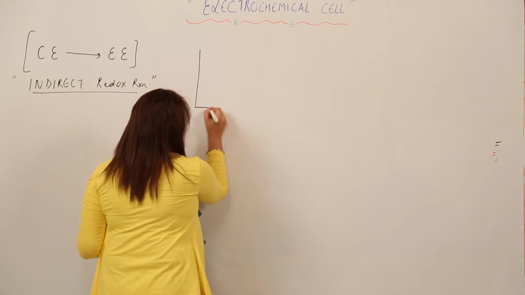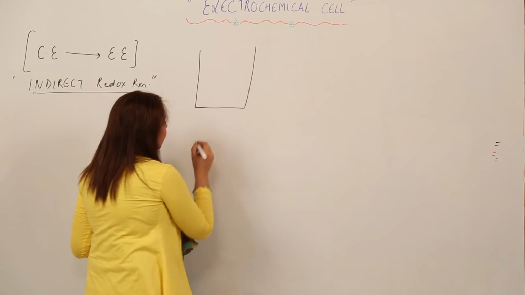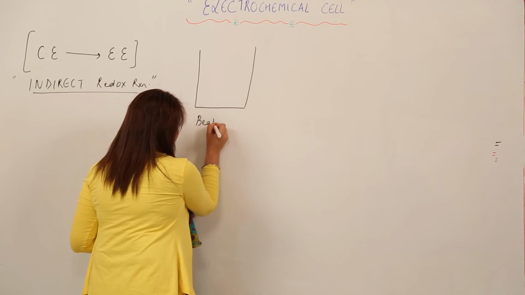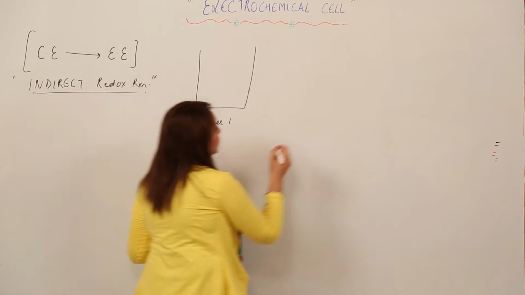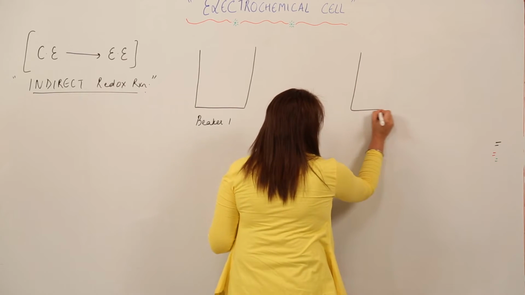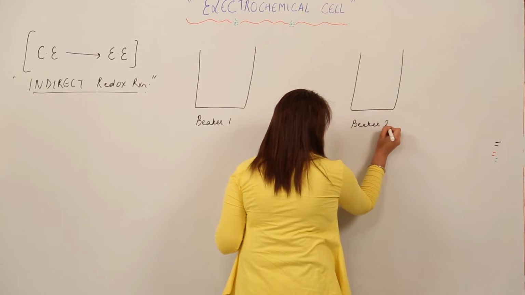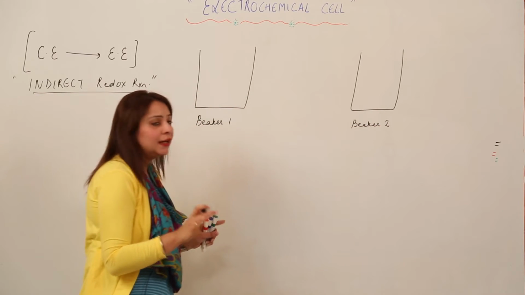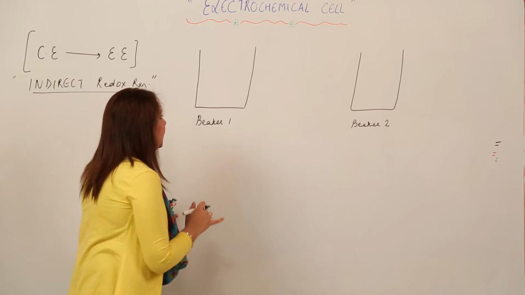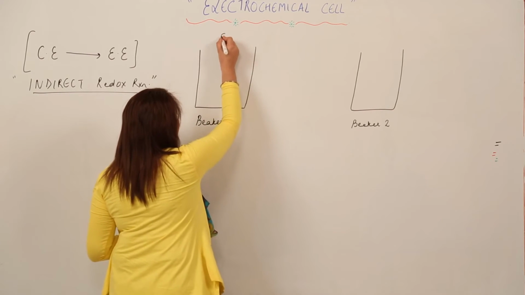It consists of two beakers. I am writing beaker 1, the other beaker, beaker 2. Is it okay? Then what do we have in beaker 1?